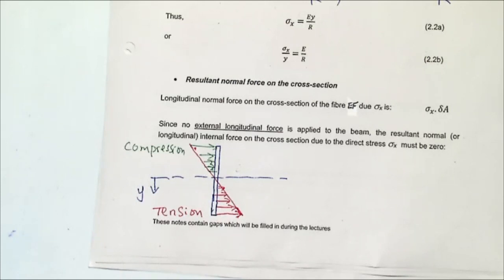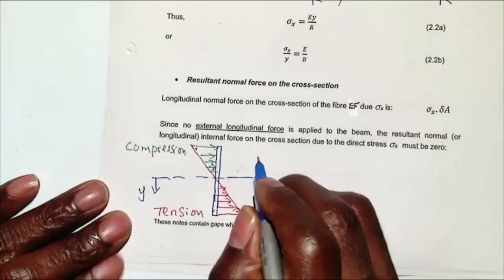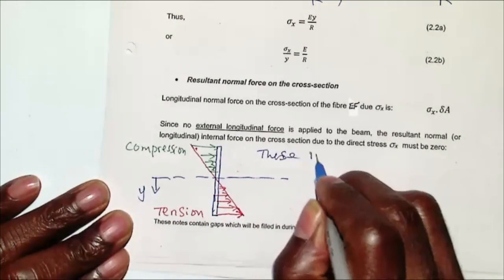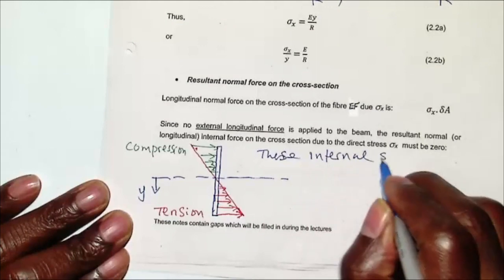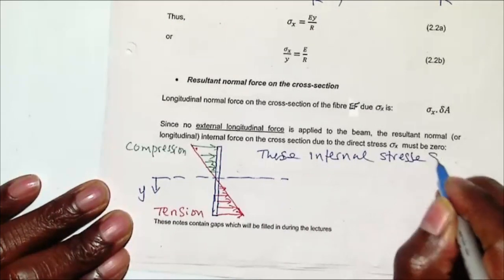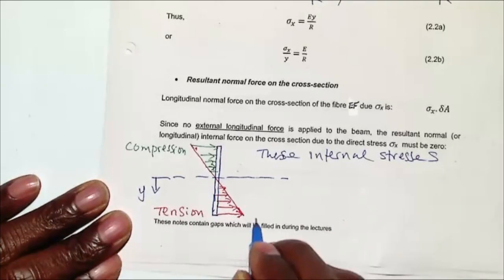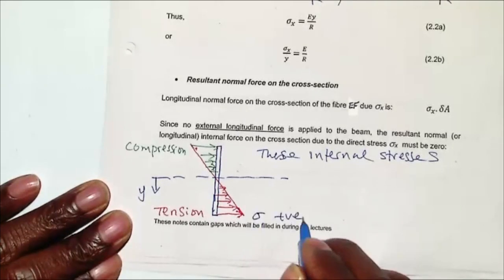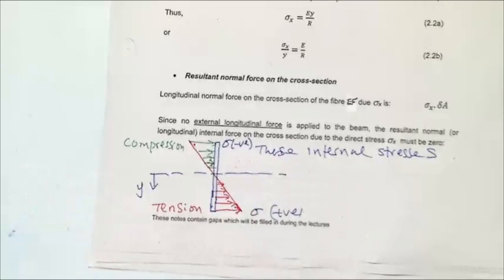I'm not sure what you did in your first year, but let me go to this. What we normally have, based on the concept of equilibrium, remember these are the main internal stresses. That is sigma, which is positive, and that is sigma, which is negative. We are not applying any stress along the length of the beam. We are not pushing the beam in, so we're not applying tension.